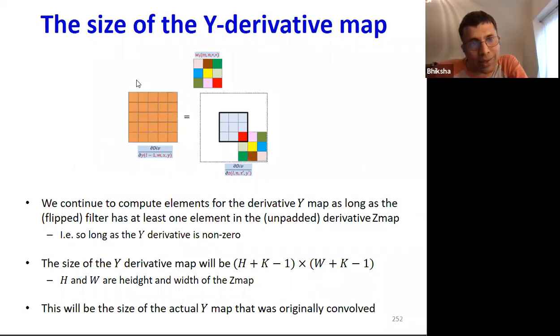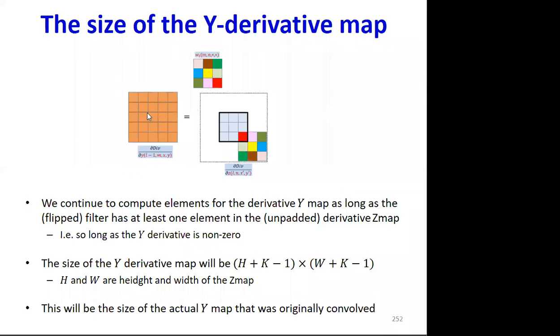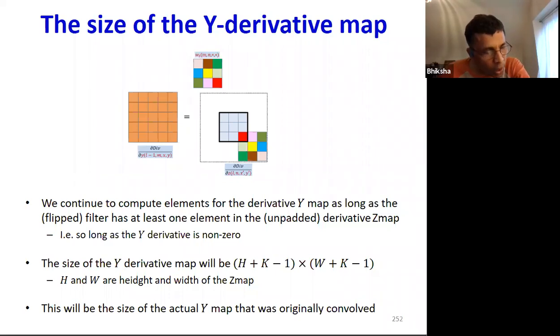Remember, when we were going forward, we lost the bound. If I was convolving some m cross m activation map by a k cross k filter, in the forward process we lost k-1 rows and k-1 columns. So going backwards, you recover them.